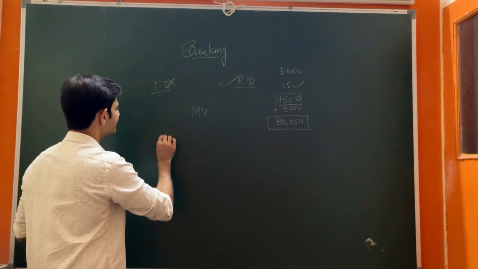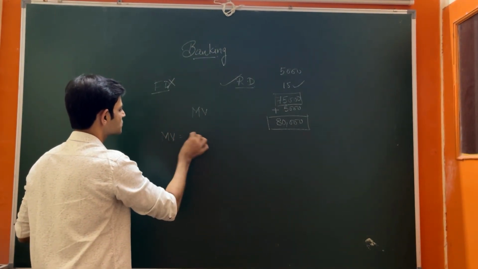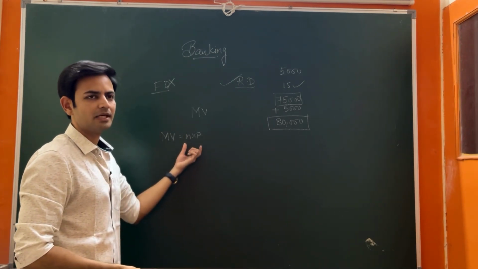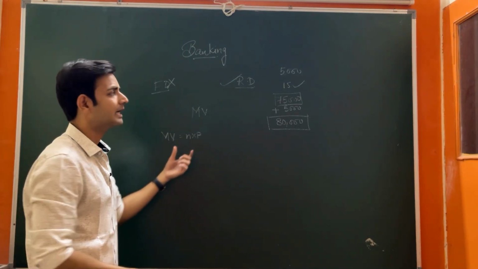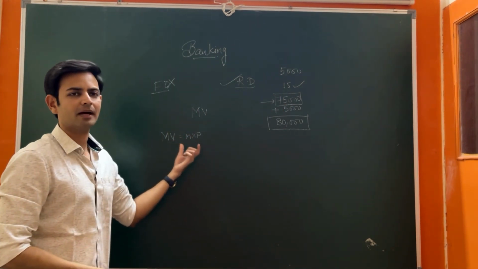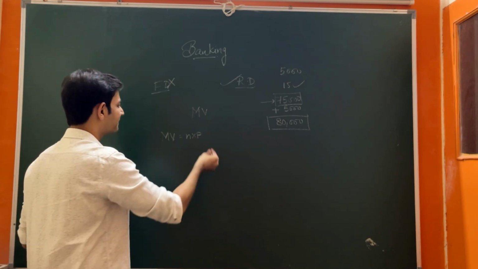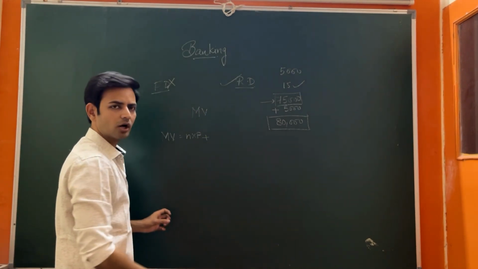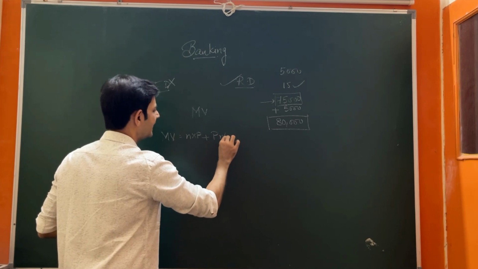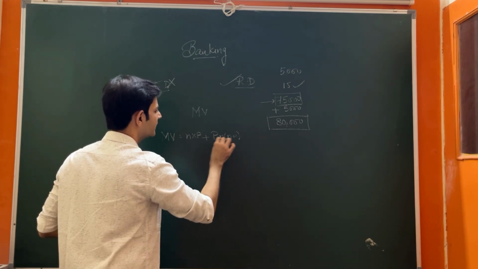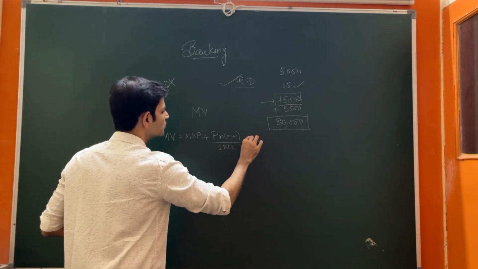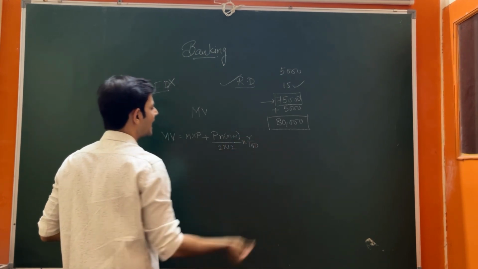That is, maturity value is equal to N into P. Now this N into P is your money which you have invested. Like in our example, it was this. So N into P is the money that you've invested, plus you get some interest component here. So that will be P into N into (N plus 1) upon 2 into 12 into R upon 100.